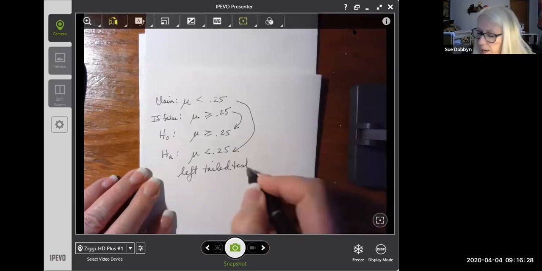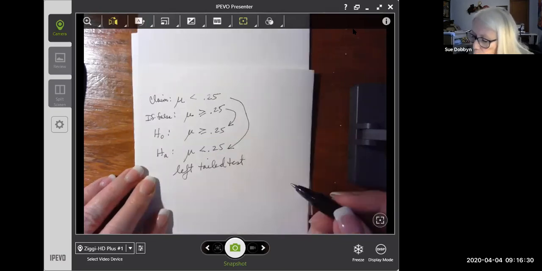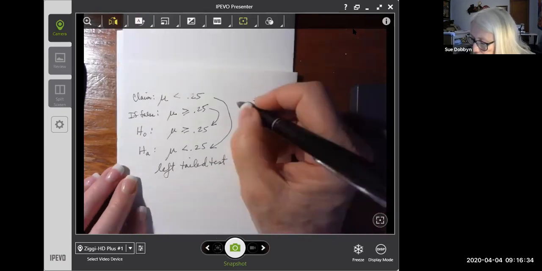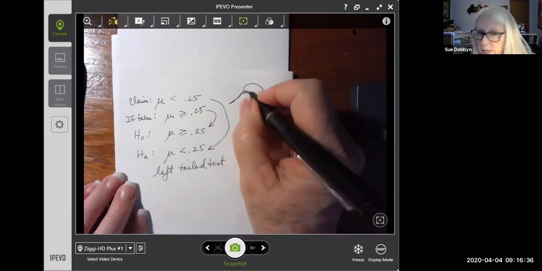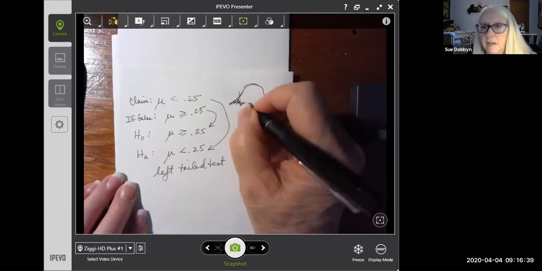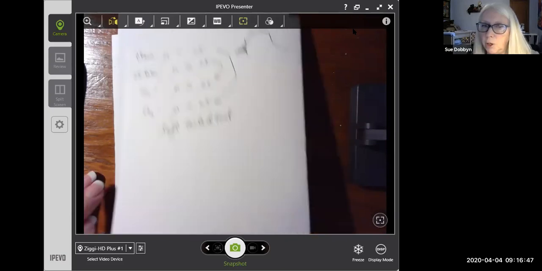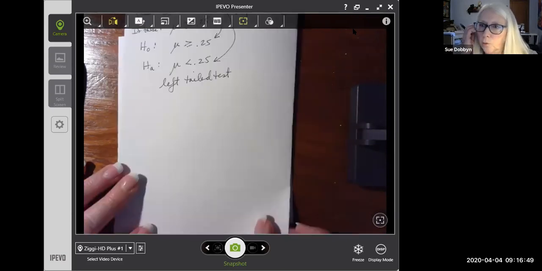Okay, and again, if you are working with that worksheet paper, that means that there's a critical region only on the left-hand side of the bell-shaped curve. Okay? Okay, let's do one more and then we're gonna go to the rest of the chapter.